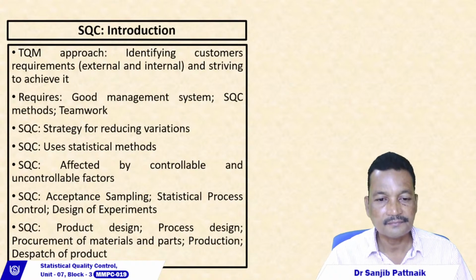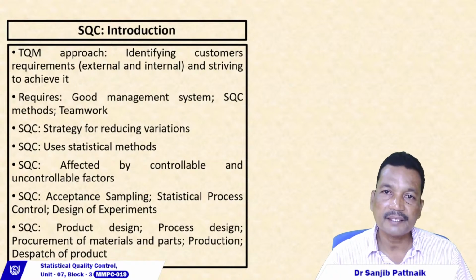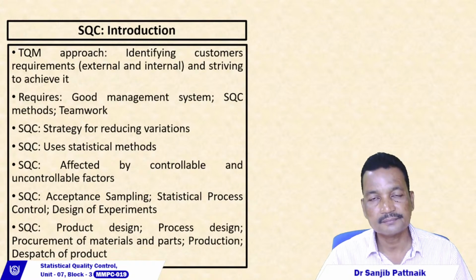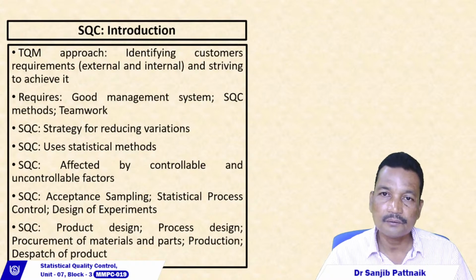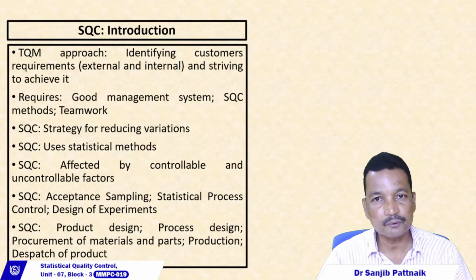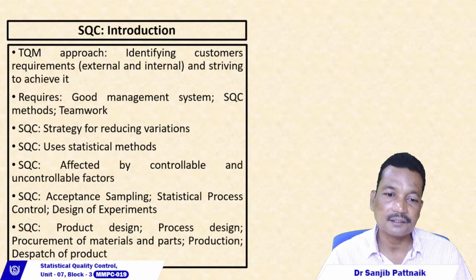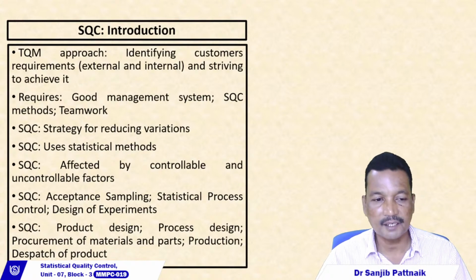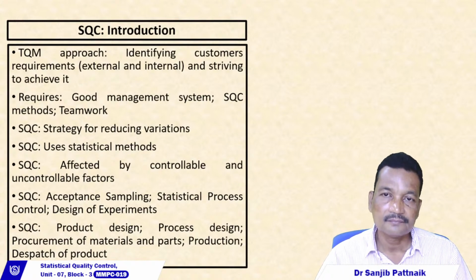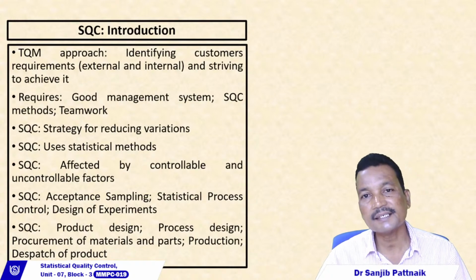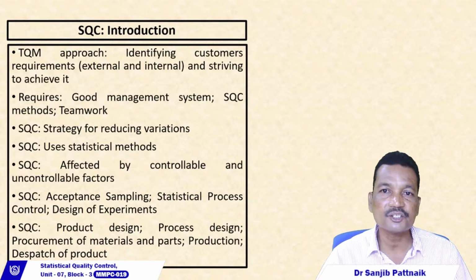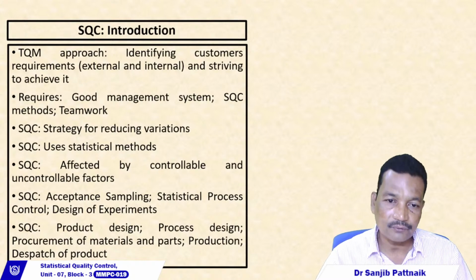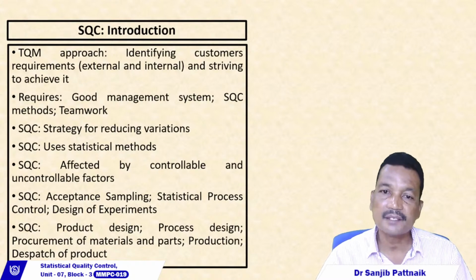Third is the procurement of materials and parts. Our production will require inputs in the form of materials or components or parts. So they have to be qualitative because they are the foundation on which our final product will be manufactured.